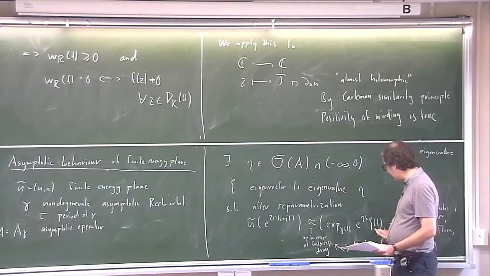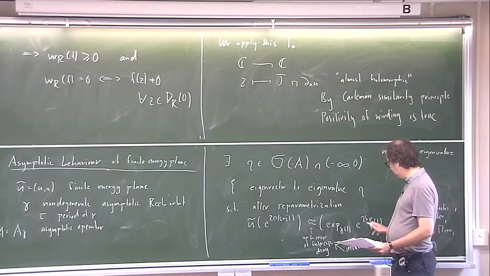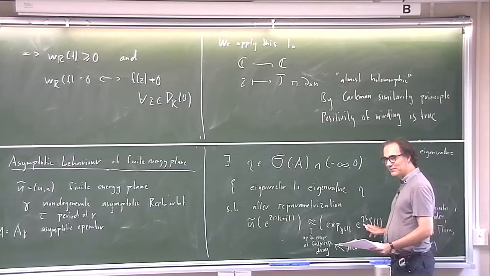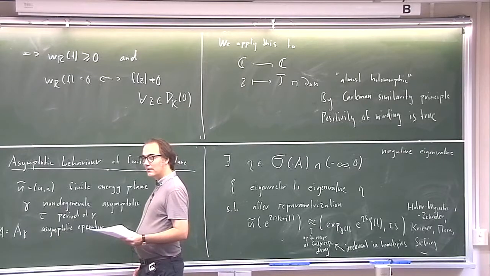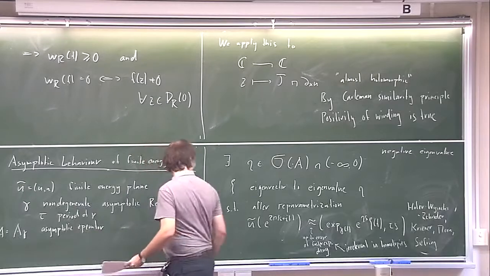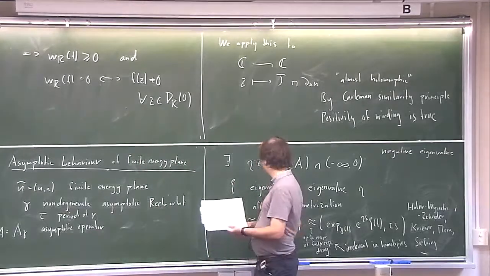But by definition, this is the winding of eta, because psi is an eigenvector to the eigenvalue eta. Yes, you're right. So that's how they link.